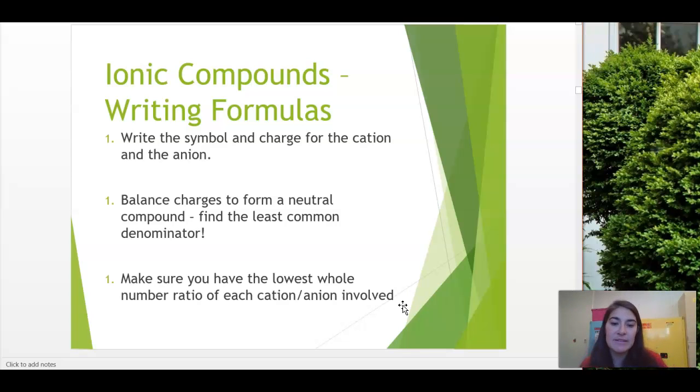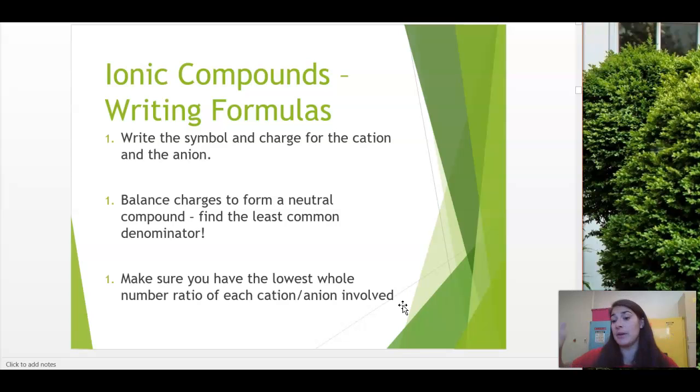So then it says balance the charges to form a neutral compound. Find the least common denominator. So what we are saying there is that the total positive charge must equal the total negative charge. So earlier I talked about, right, how the number of electrons lost has to be the same as the number of electrons gained. That's the same thing we're saying here, that the total positive charge has to be the same as that total negative charge.